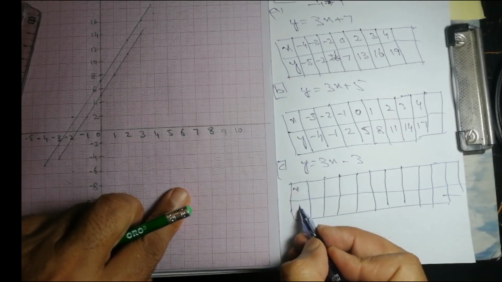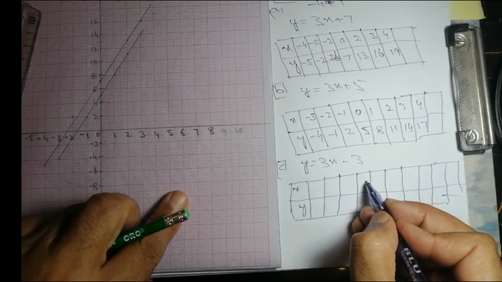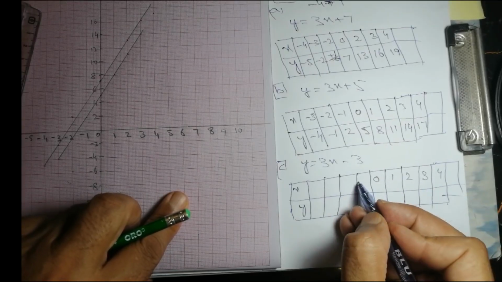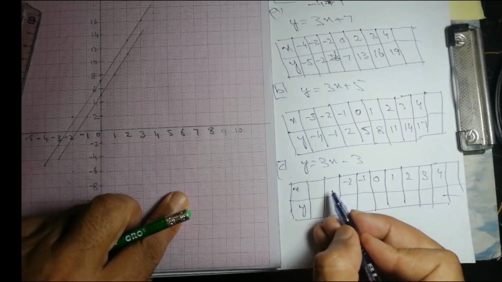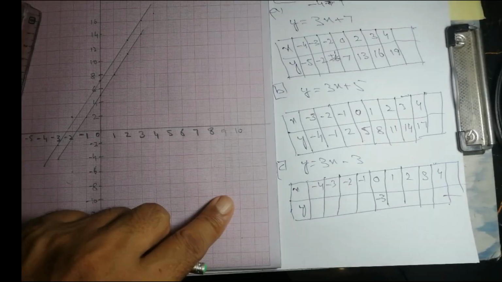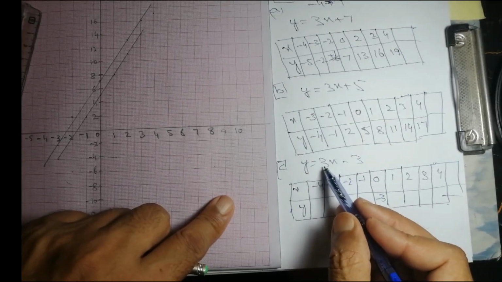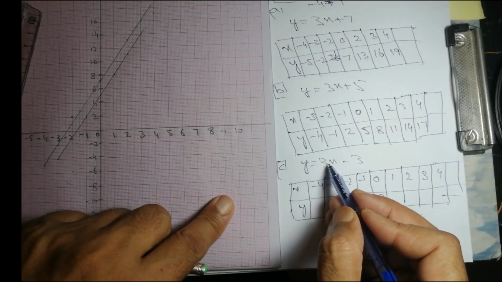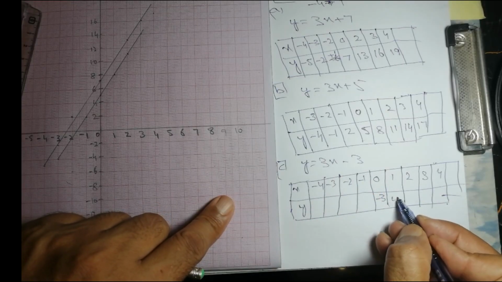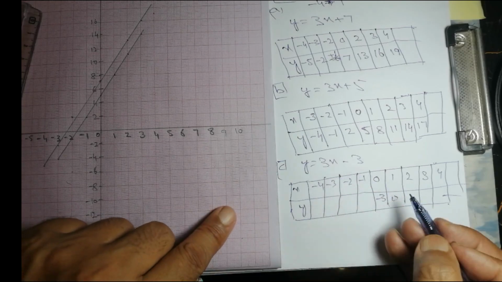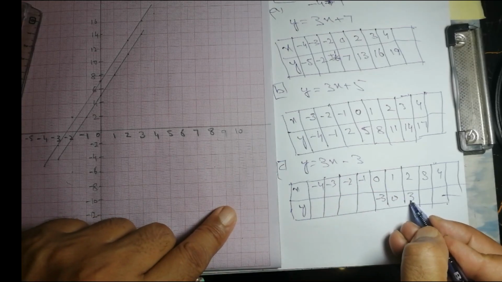So x and y, 0, 1, 2, 3, 4, minus 1, minus 2, minus 3, minus 4. So put value of x 0, minus 3, and 1, 1 into 3, 3, minus 3, 0. Put value of x 2, 6 minus 3, that is equal to 3.